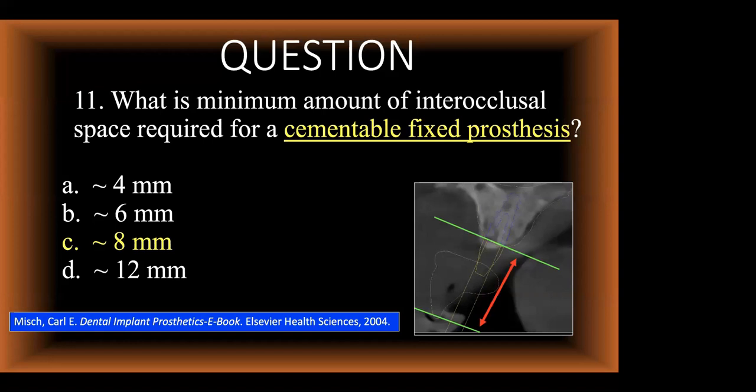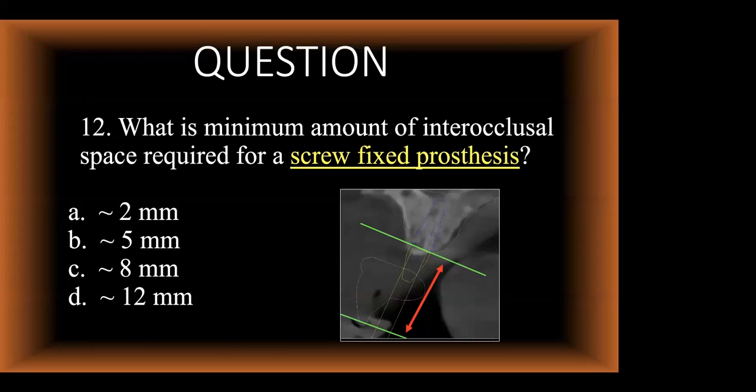And then you need 3 millimeters of prosthesis material. So whether it's a metal, porcelain fused to metal, or now with zirconia, it can actually be a little bit less. So some people talk about 7 millimeters for zirconia, but usually it's 8 millimeters, and that will include the porcelain fused to metal.